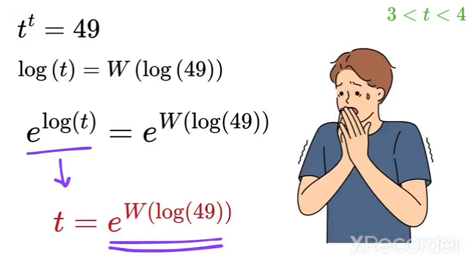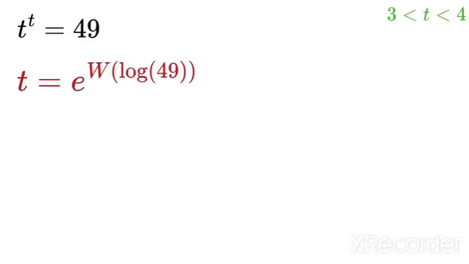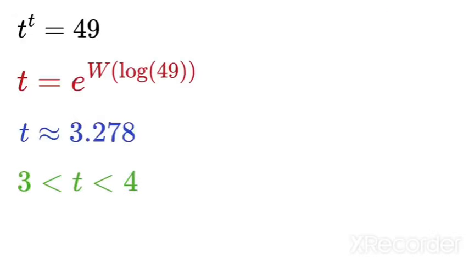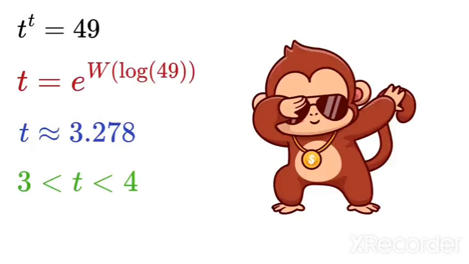Again, do not be scared of this term, as this was a constant, so e raised to this term is also simply a constant. You can leave the answer like this, or, if you want the value, we get this value as approximately 3.278. Oh, look, as we discussed earlier, our answer lies between 3 and 4. Also, this is the only real solution to this question. Isn't this super cool?